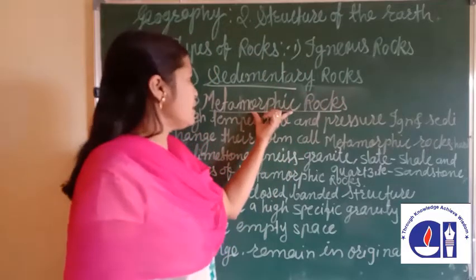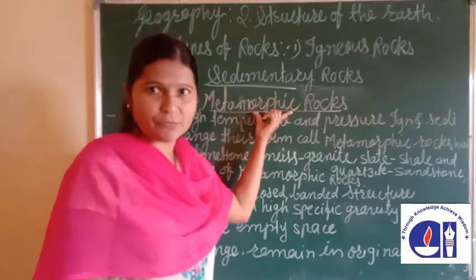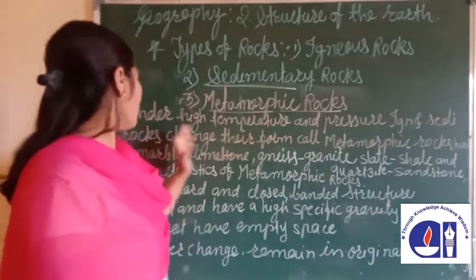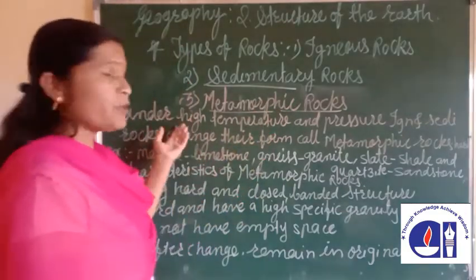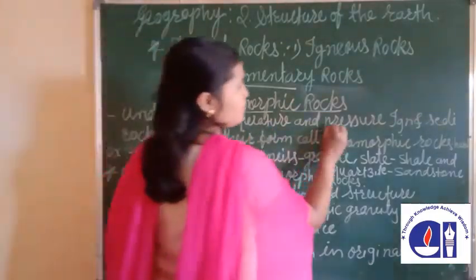But the third one is metamorphic rocks. How is this metamorphic rock formed? Metamorphic rocks are formed under high temperature and pressure.